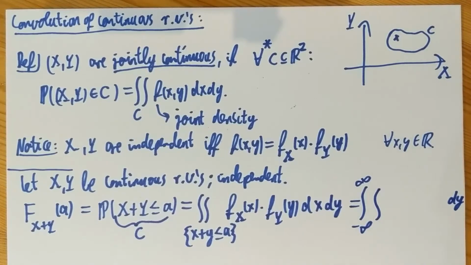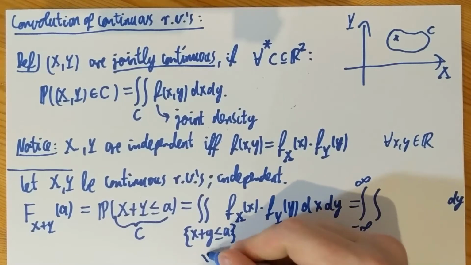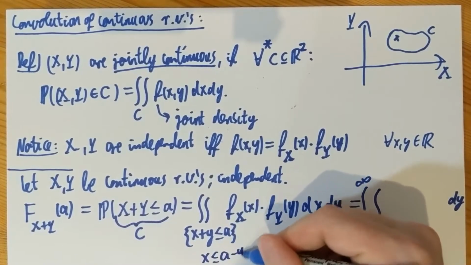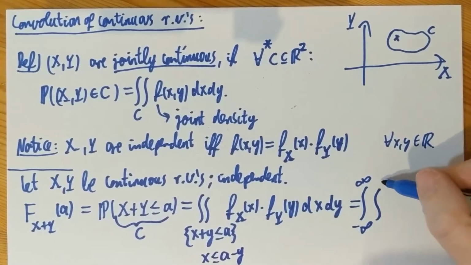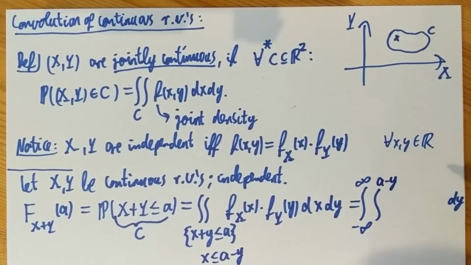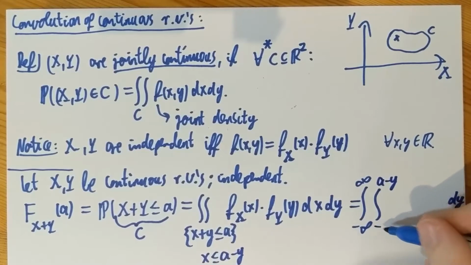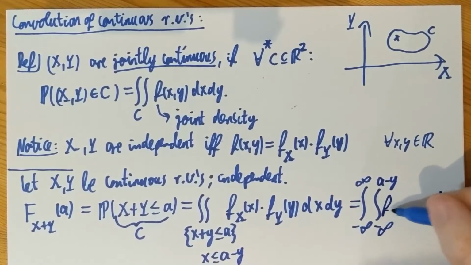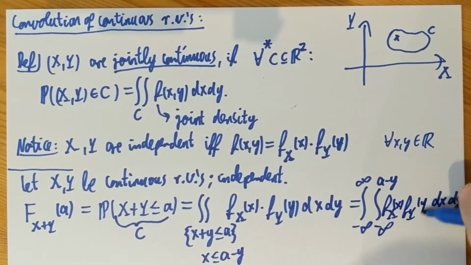Then I need to say that x is going to be less than a minus y. So I'm going to put here a minus y, from negative infinity for x, and then I need to integrate f_X(x) f_Y(y).